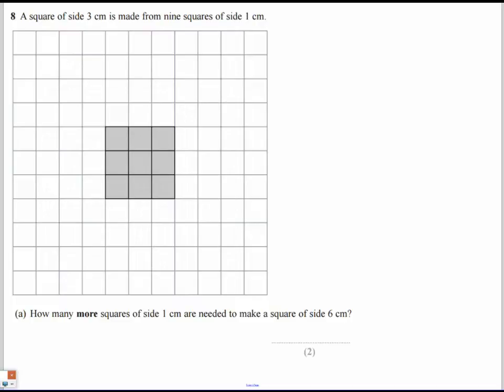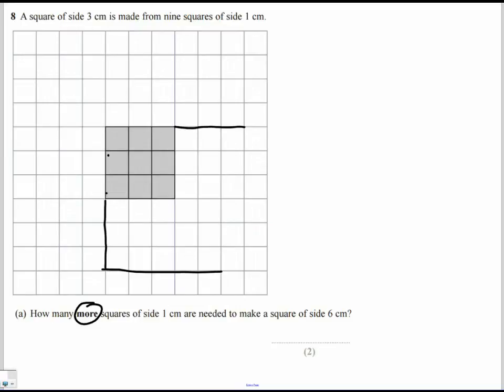Question 8 shows a square of sides 3 by 3, made from 9 squares of 1 centimetre each. How many more squares of side 1 centimetre are needed to make a square of side 6 centimetres? Well, all you need to do is create that square. So 1, 2, 3, 4, 5, 6. 1, 2, 3, 4, 5, 6.